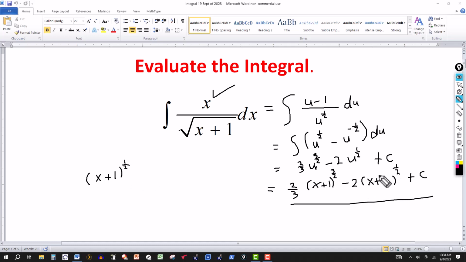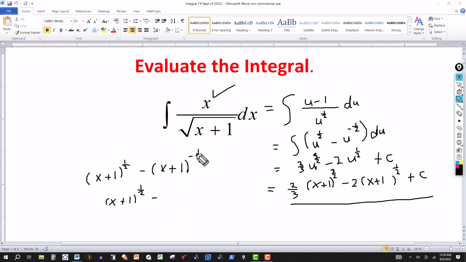The next term, 1/2 times the minus 2 is a minus 1, or just a minus. And then subtract 1 from the exponent. We get x plus 1 to the negative 1/2. So we have x plus 1 to the 1/2. And then I'm going to rewrite the next one.